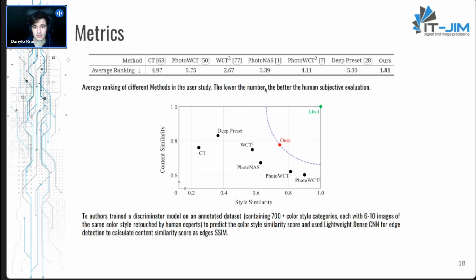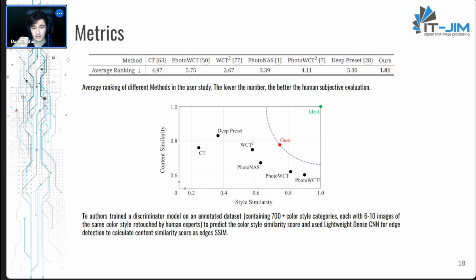They compared their model to some open source deep learning based models, and also some classic statistics based model named CT on the slide. So, of course, Neural Preset was the best. The authors usually ranked it in the top 3. And hooray, hooray.